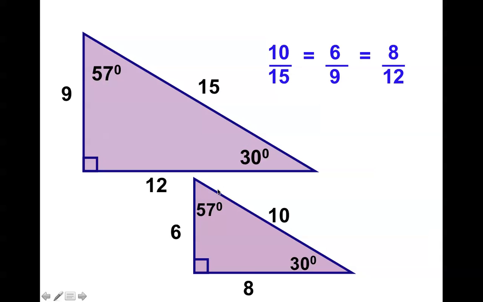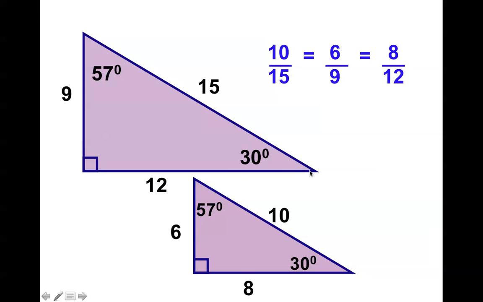My 6 goes from the 57-degree angle down to my right angle, and my 9 is the corresponding side because it goes from the 57-degree angle down to my right angle. The 8 is right here, and the 12 is right here.